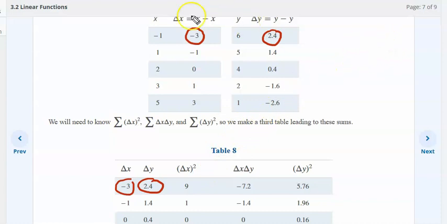And we then square the delta of x. The negative 3 becomes a 9. The 2.4 squared becomes this.